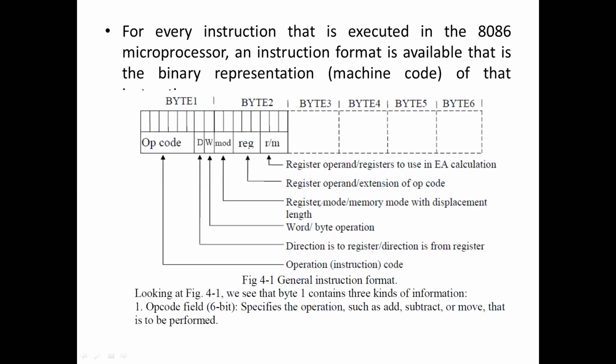For example, register mode, or memory alone, or memory with 8-bit displacement, or memory with 16-bit displacement. Again, this will be clearer in the next slide. And next is the register operand or extension of the opcode, and last is the register operand used in effective address calculation. Now I am going to discuss it using an example, and then this will be clearer.